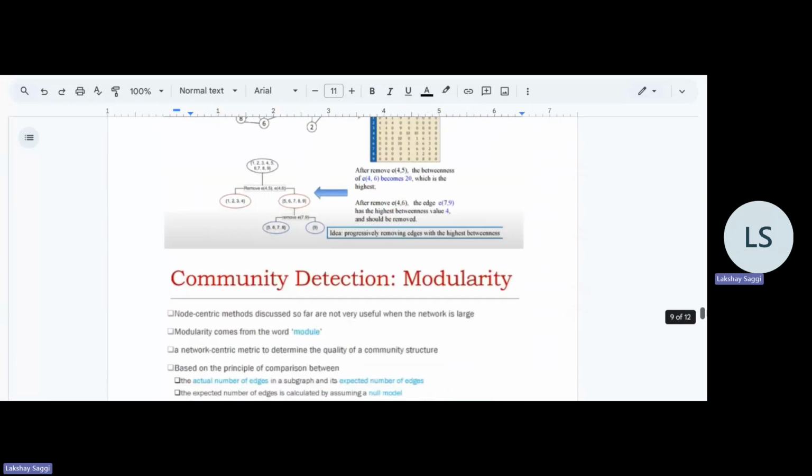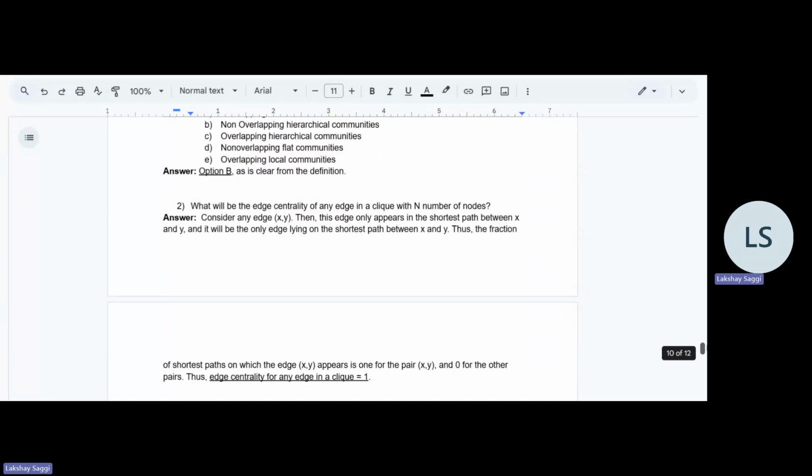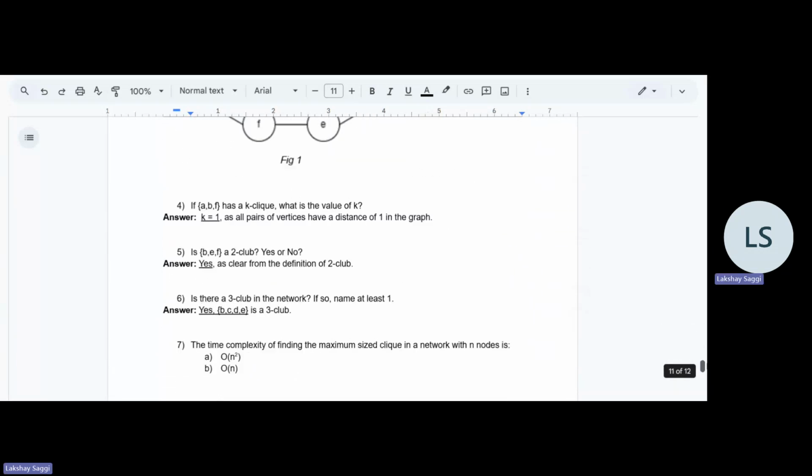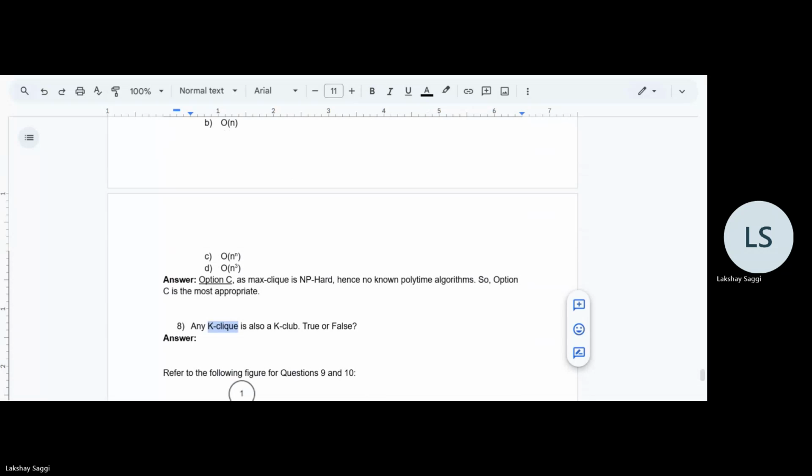So any k-clique is not necessarily a k-club, but the other direction is true: a k-club will be a k-clique. So false, as is clear from the definition and the example discussed in the lecture.